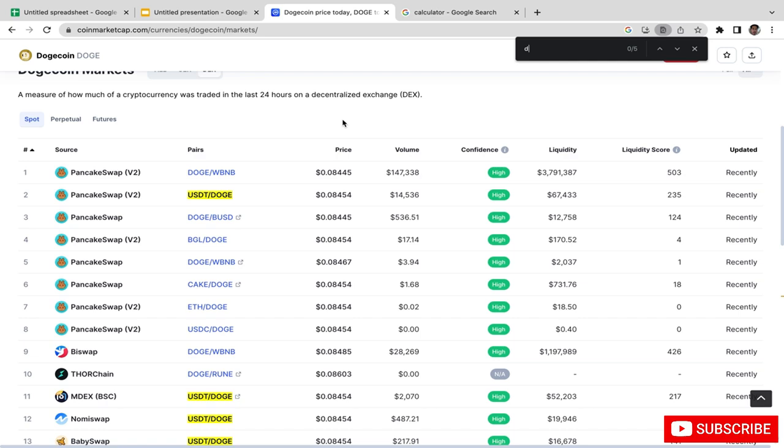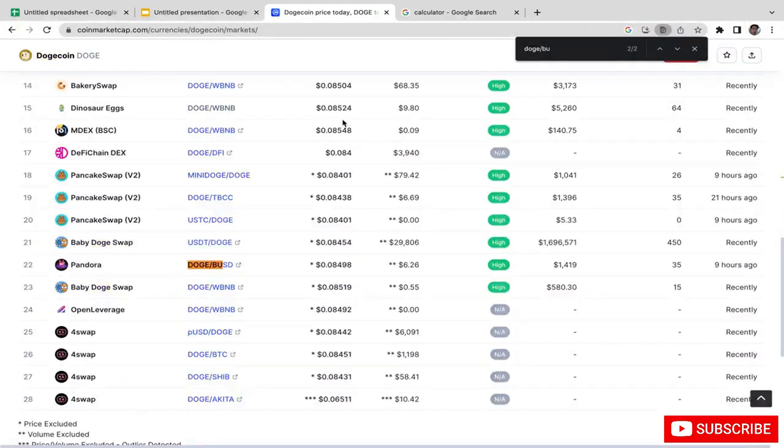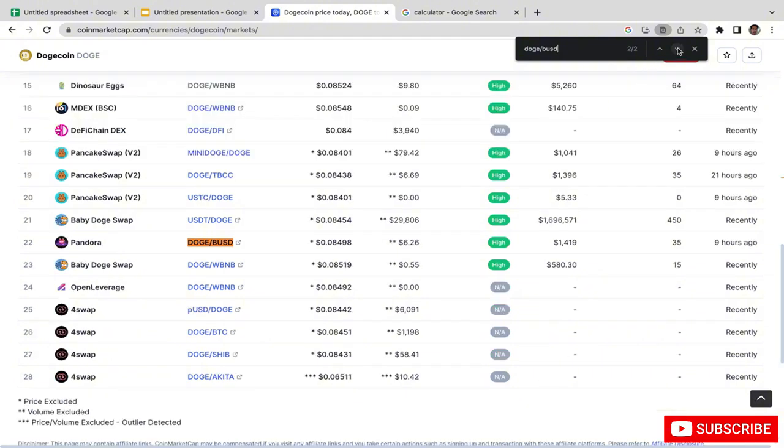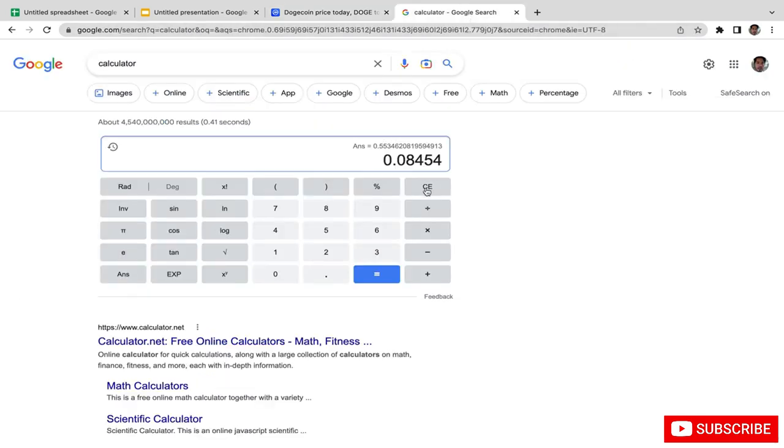Let's say Doge BUSD. Let's see if we can find it. Okay, so the one on the top here, PancakeSwap, 0.08445, and another one here, 0.08498. So let's do the calculation here.